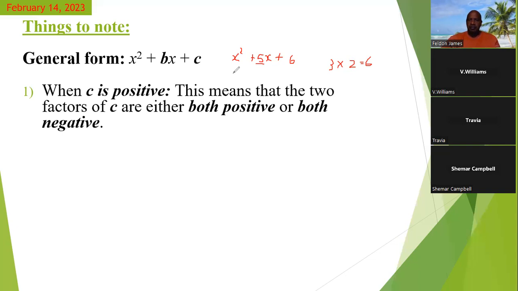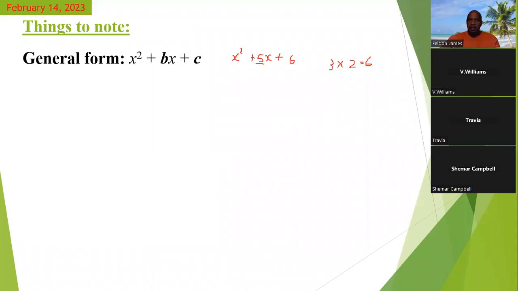Now, if you are to continue to factorize this, what would you do? Okay, sir. So you're going to have x squared, and you're going to plug them into the equation. All right. So we're going to replace the 5x with the two numbers as a sum, but we're going to put x beside them. So we're going to have 3x plus 2x.